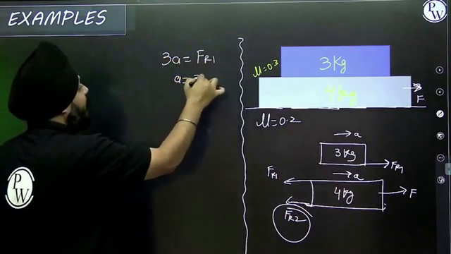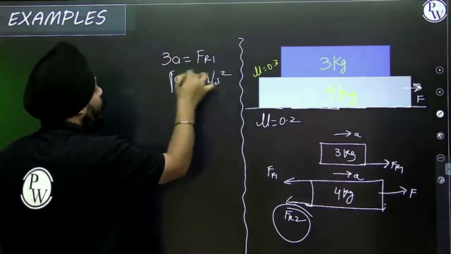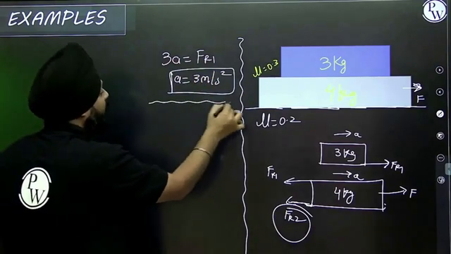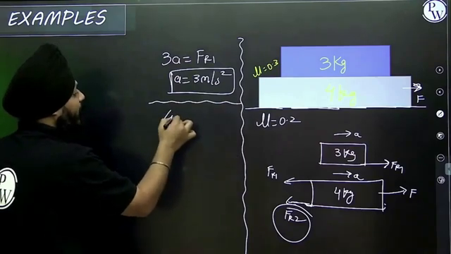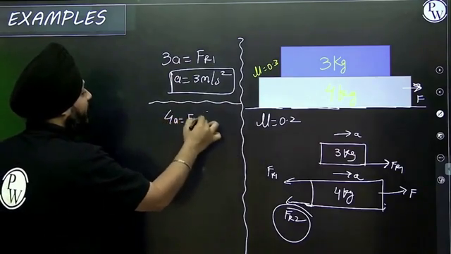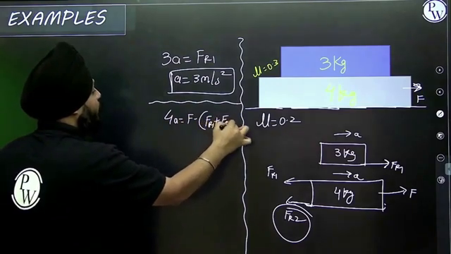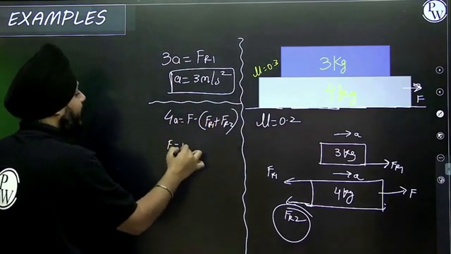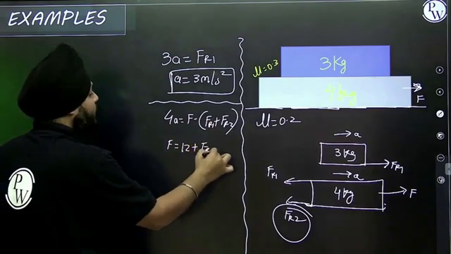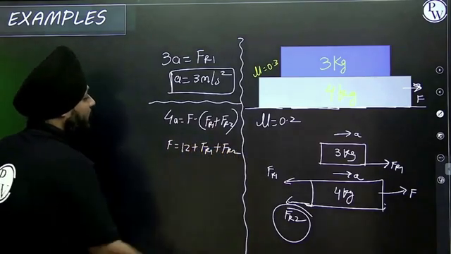A is again 3 meter per second square. We are getting the common acceleration as 3 meter per second square. Now this time 4A is equivalent to F minus friction 1 minus friction 2. So F will be 12 plus friction 1 plus friction 2.